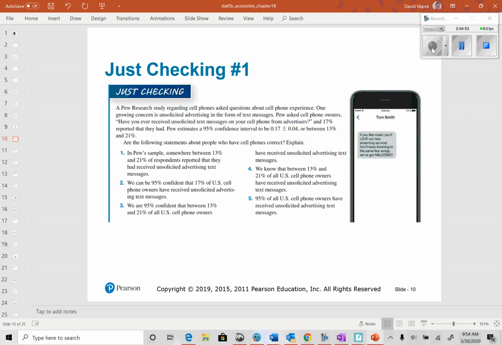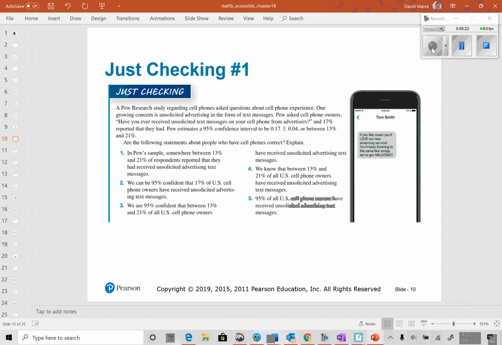Let's take a moment here, make sure you understand what the basic term means. A Pew Research study regarding cell phones asked the question, have you ever received unsolicited text messages on your cellular device? 17% reported that they had.